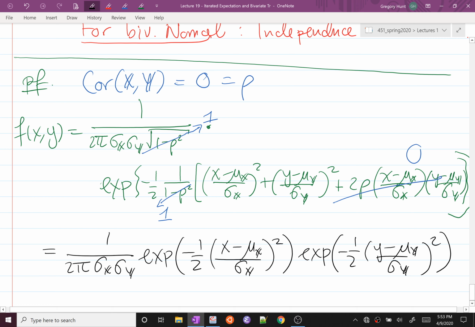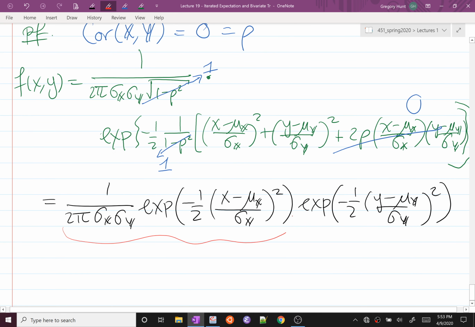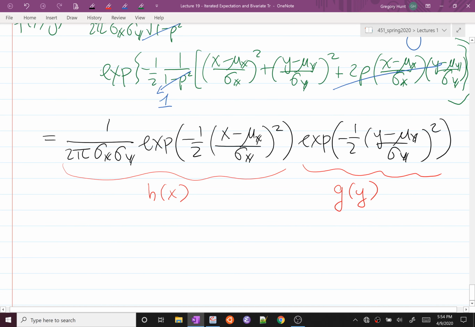If rho, my correlation between these two things, is 0, and I call this first function, which is just a function of x, h of x, and I call the second one, which is just a function of y, g of y, what I've shown is that my joint PDF can be factored as h of x times some g of y.